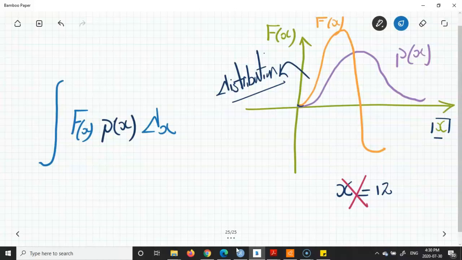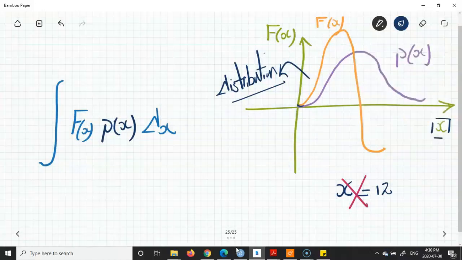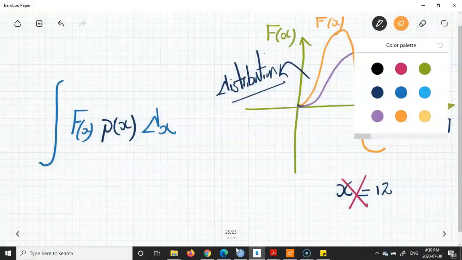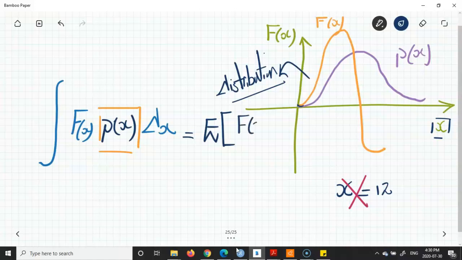That's going to be the topic that we're going to talk about. With this type of method, we normally have a probability distribution defined for the random variable, and we have a function f of x, and we want to find the expected value of the function f of x with respect to the probability distribution p.